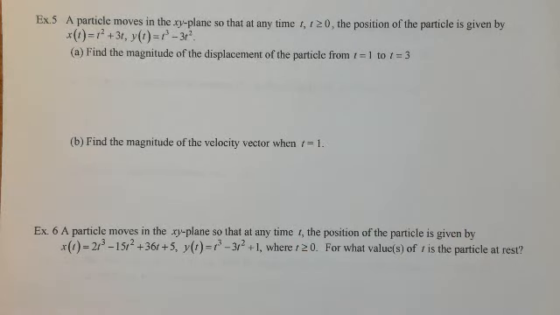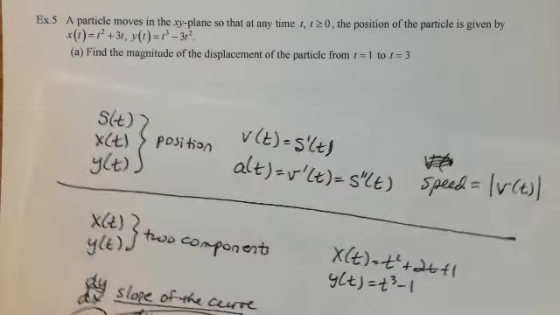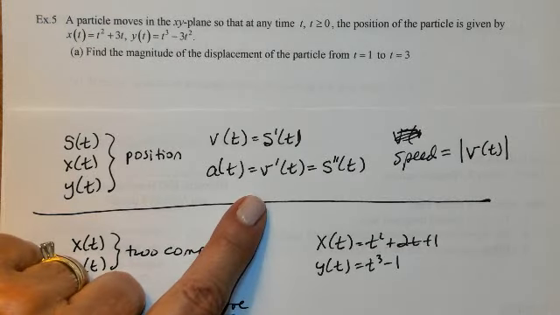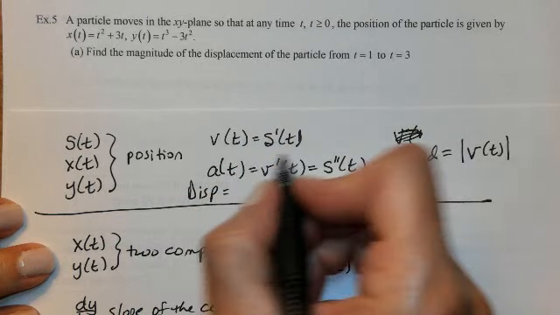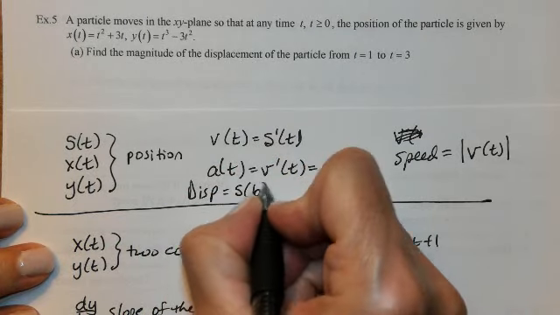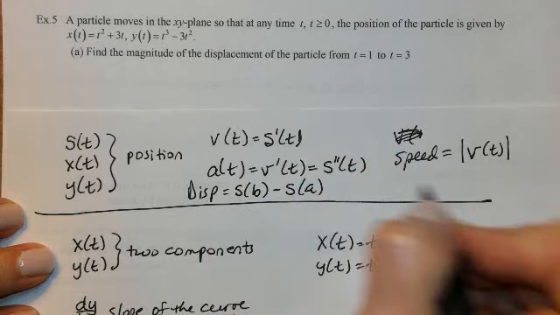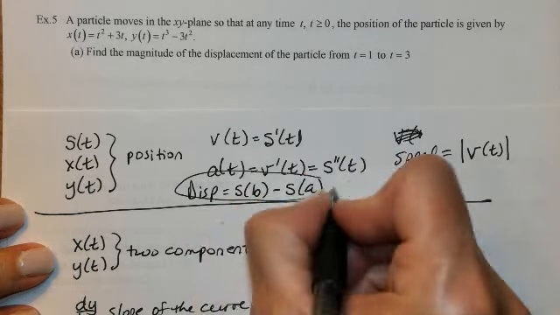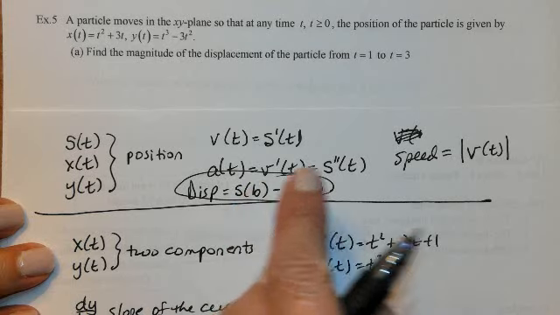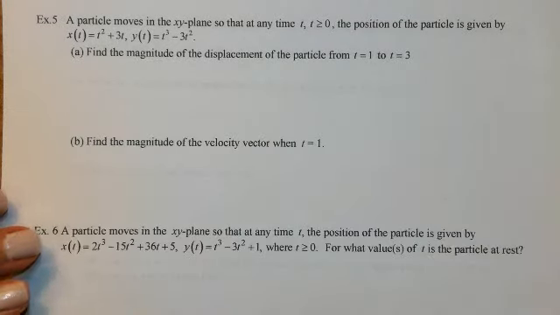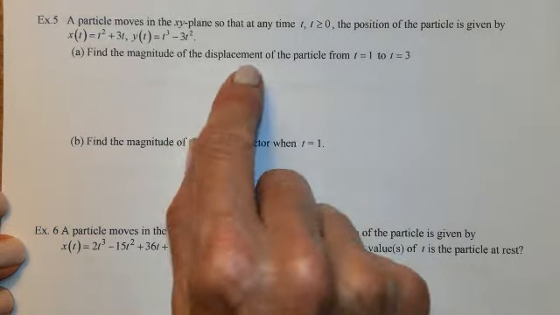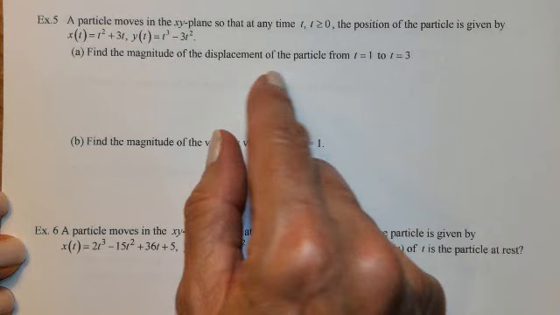Back when we did just rectilinear motion, we said that displacement was the ending position minus the starting position. That was displacement. It just dealt with position. End minus start. So displacement here is different because our position is a vector now.